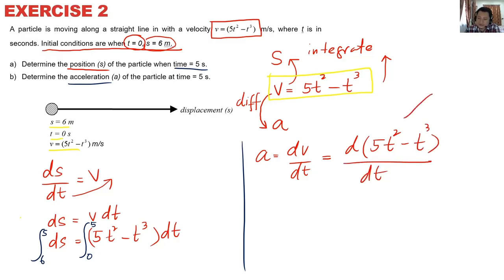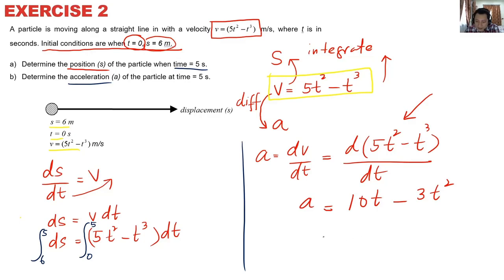So differentiate this equation. So what do you get? 10t minus 3t squared.